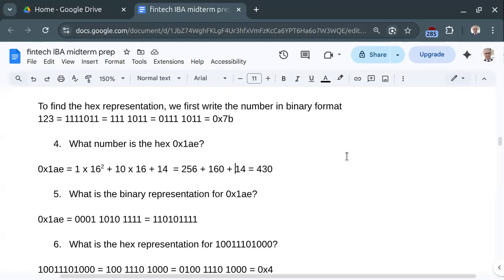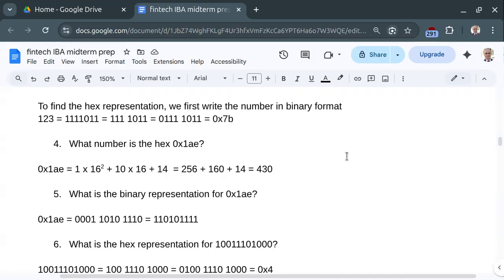And then if you want to go to the binary representation for hexadecimal 1AE, E is actually 14. So again, we work one digit at a time. 1 is equal to 0001.